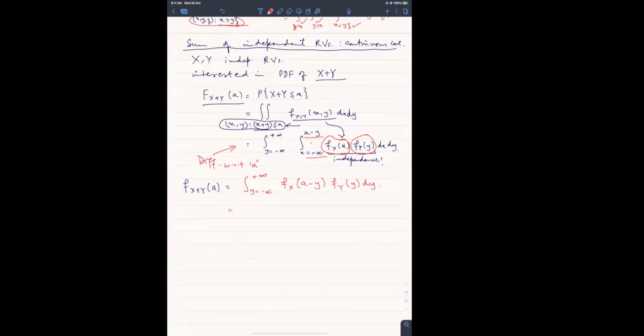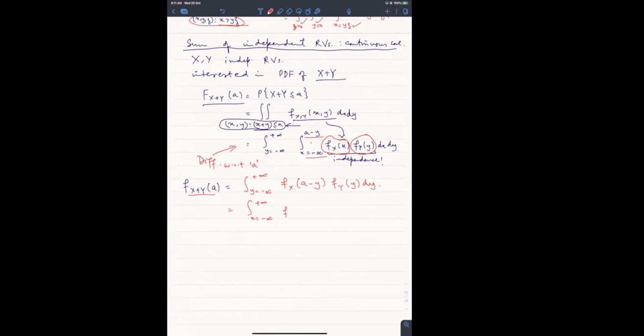Okay. And this would be equal to, again, x plus y is the same as y plus x. So if I can write this by integrating y from minus infinity to plus infinity, I should be able to integrate with respect to x as well. ये y या x के through आप differentiate integrate कर लें.